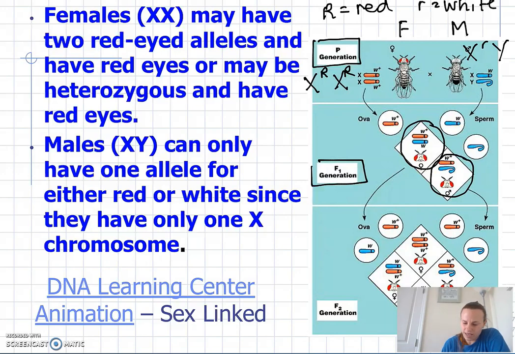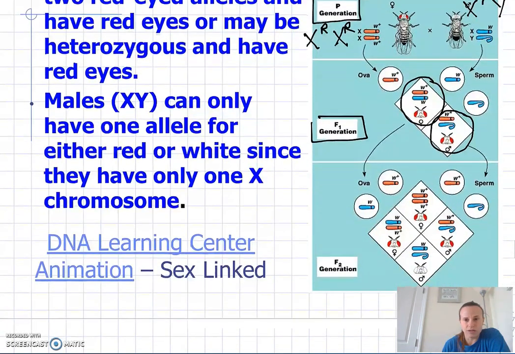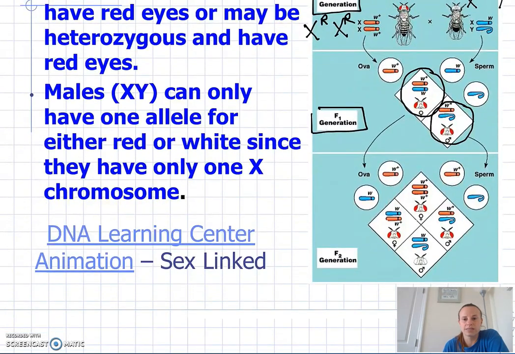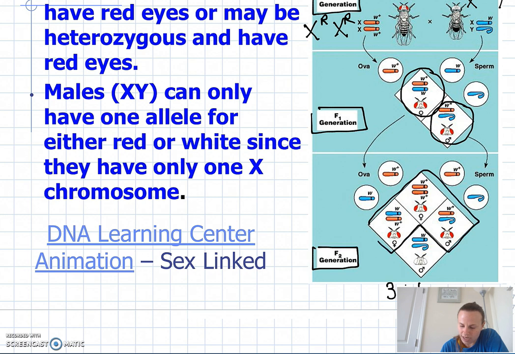Now, if we take those F1 generation heterozygous flies and look at the F2 generation, their offspring, do you notice that I have that 3-to-1 ratio? I've got 3 flies with red eyes and 1 fly that has white eyes.